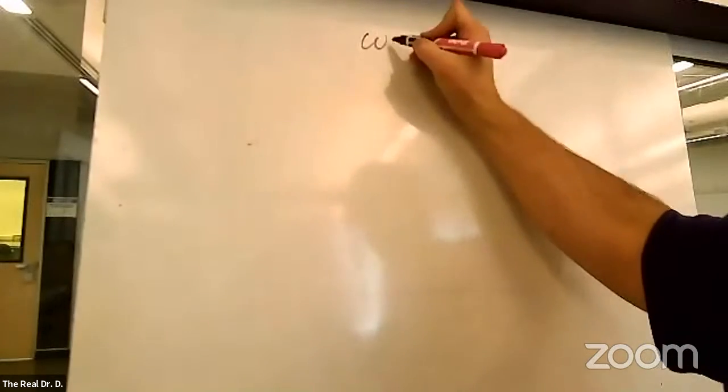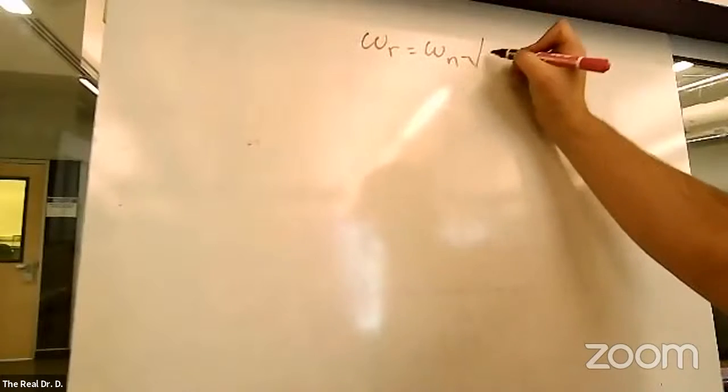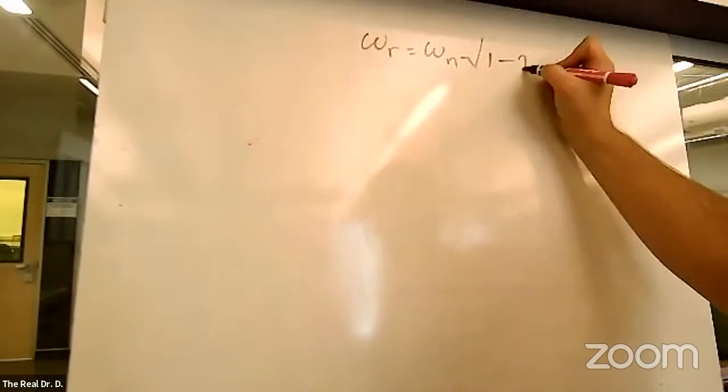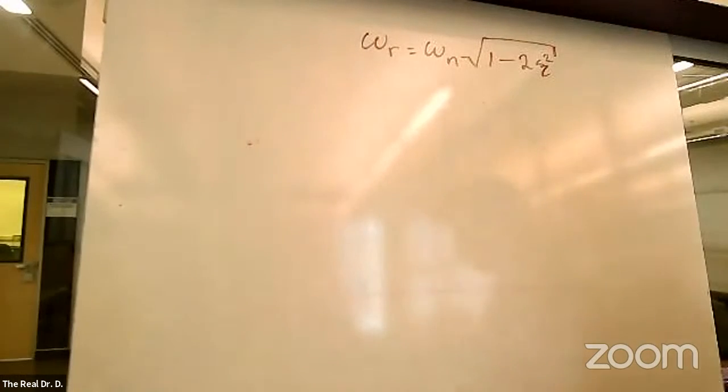You go to where the peak is, you estimate, just drop straight down, read the frequency. Or we can use this equation. Omega r is equal to omega n times the square root of 1 minus 2 zeta squared.